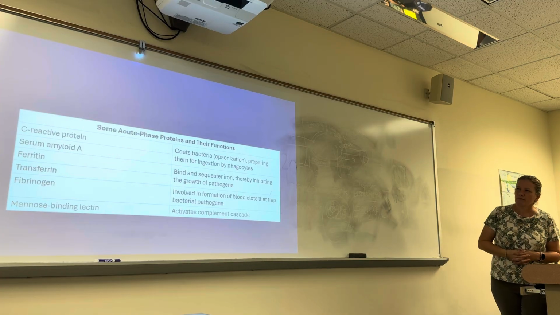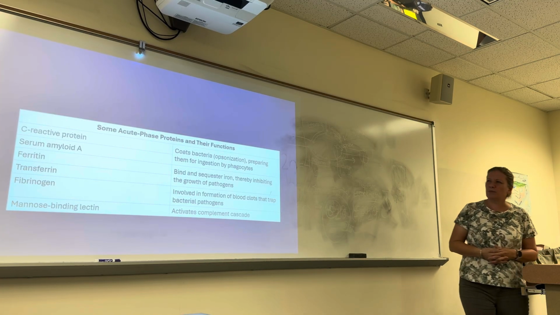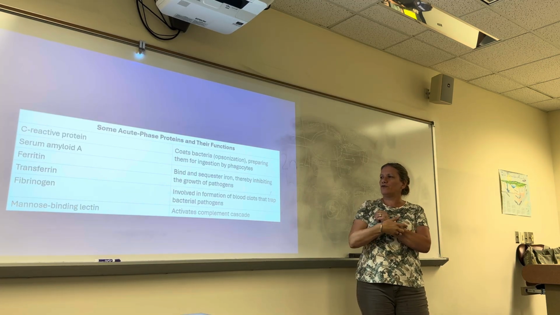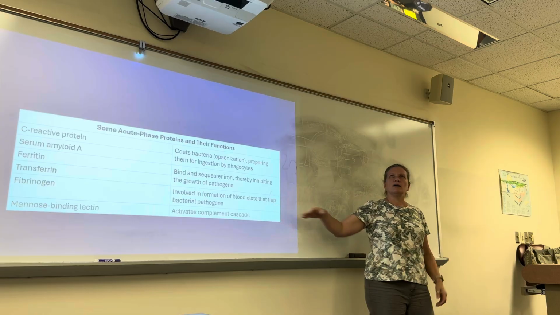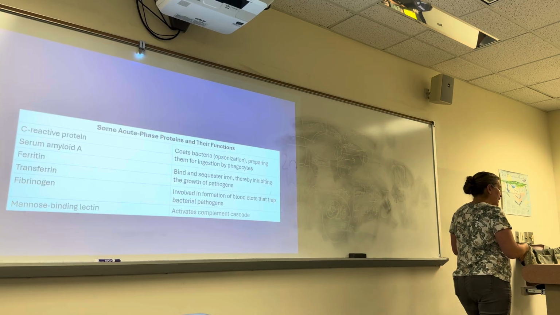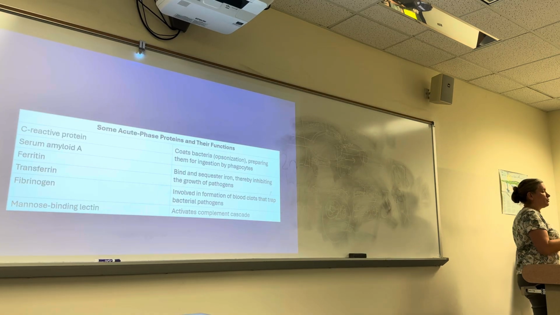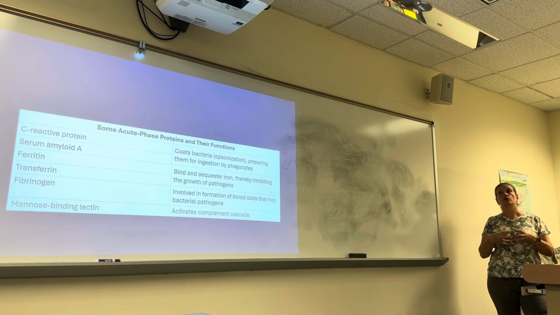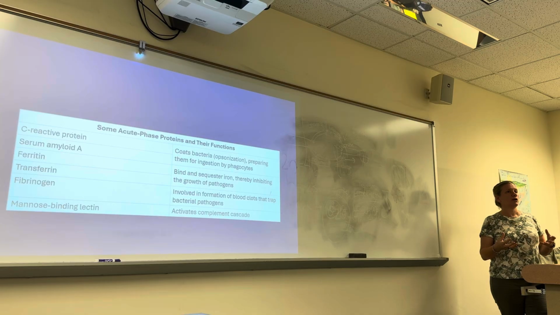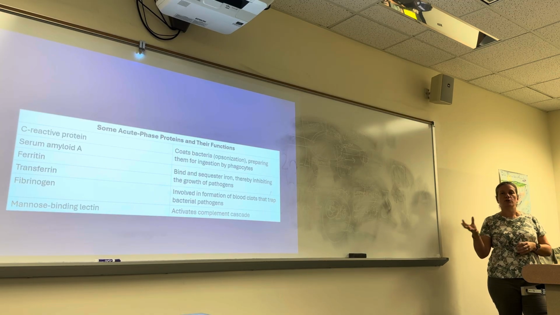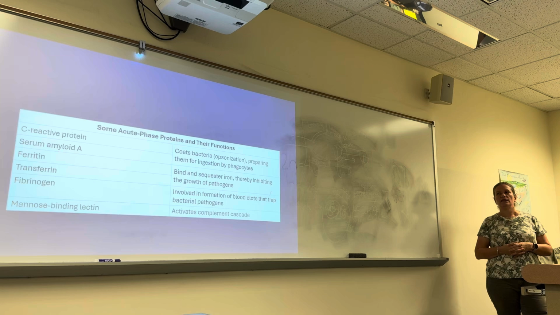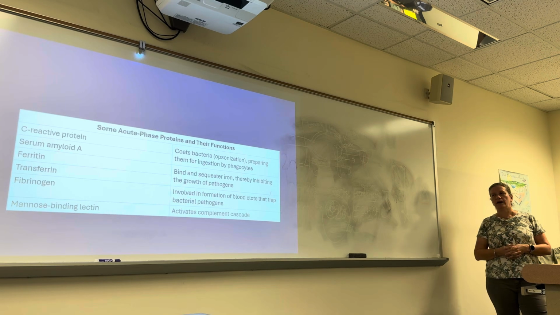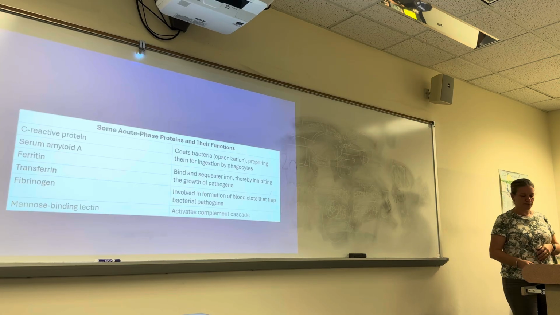All right, and then fibrinogen is going to be one of those that is going to form these nets or traps as it interacts with bacteria and each other, creating basically a larger molecule between the fibrinogen and the bacteria, which is then easier for some of our cells to be able to remove that pathogen from the system.